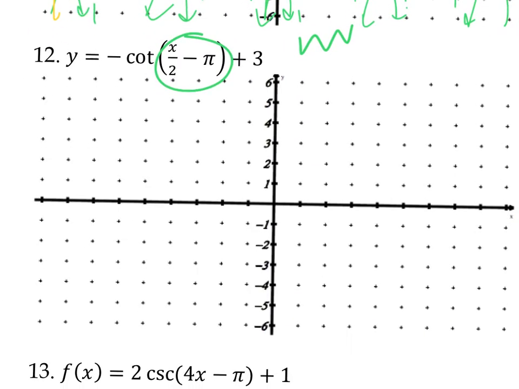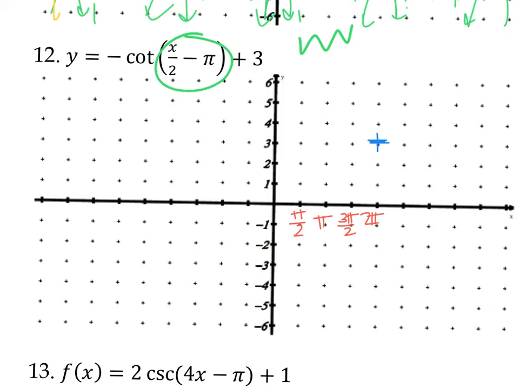So let's go ahead and start graphing this. My unit is pi over 2. So pi over 2, 2 pi over 2, 3 pi over 2, 4 pi over 2. So my origin is over 2 pi, up 3.